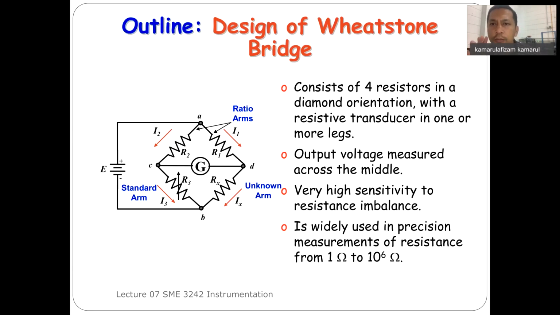As I mentioned on the previous slides, this circuit is meant to convert variation of resistance at the input, in which you connect the sensors to R3 or RX, and then the circuit is going to produce an output voltage in proportion to the input change in R. So the output voltage here is measured in G, where we are measuring the potential across these two points, point C and point D.